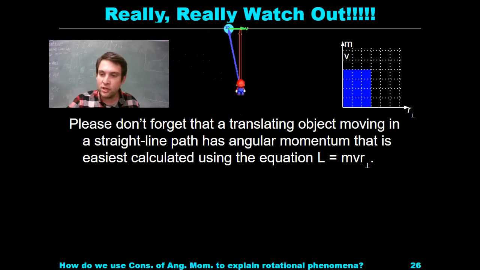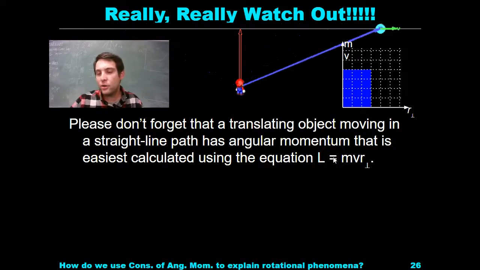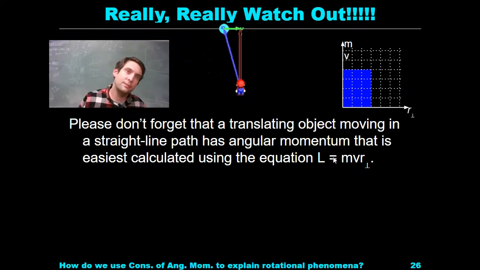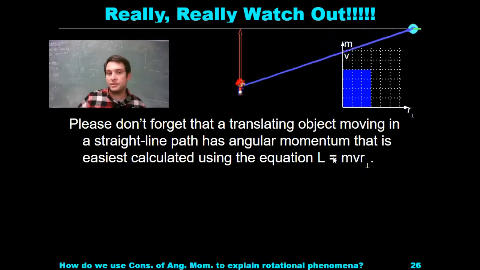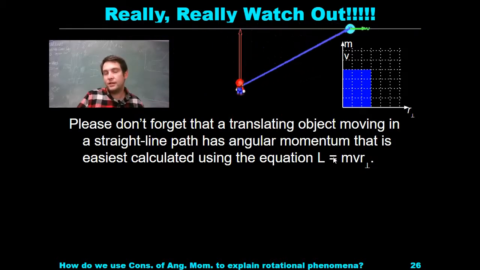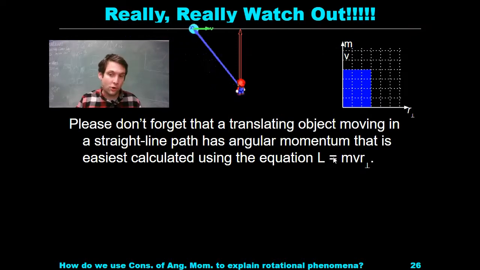Don't forget that a translating object moving in a straight path has angular momentum that is easily calculated using L equals mvr. That's perpendicular. So this equation here is kind of like the bridge equation. It's bringing us from linear momentum to rotational momentum. It's taking a linear moving object and applying a circular thing. It's the same idea as using omega equals v over r.